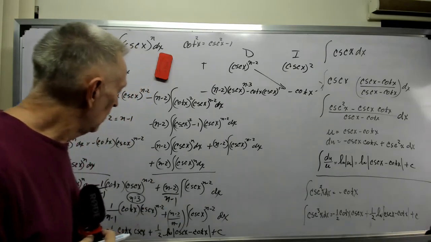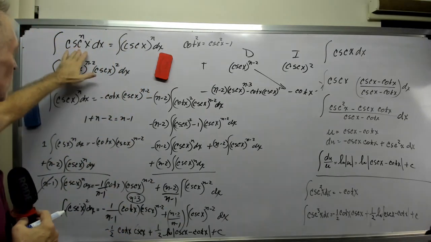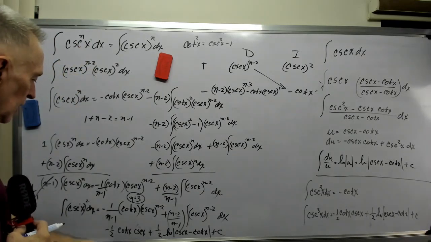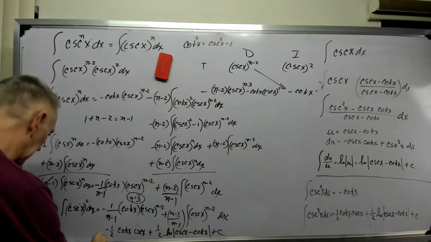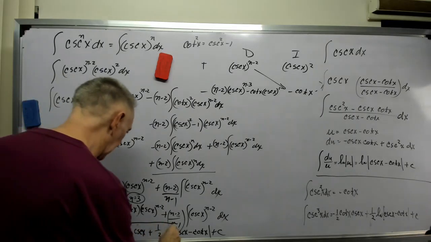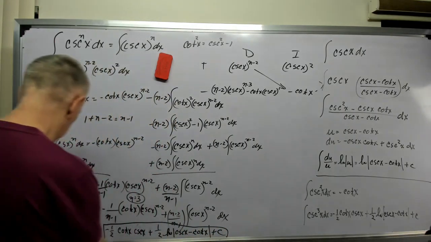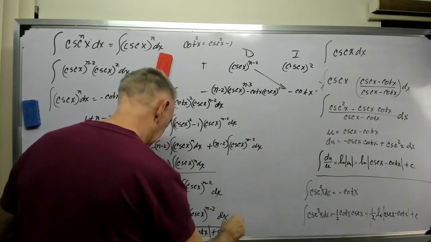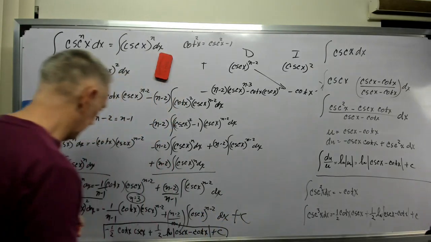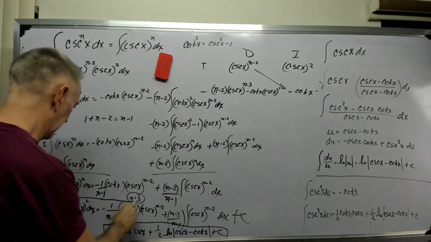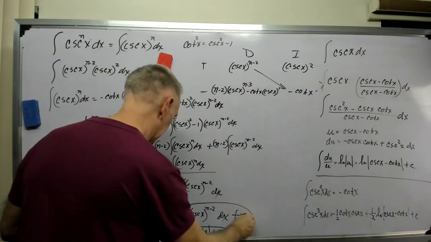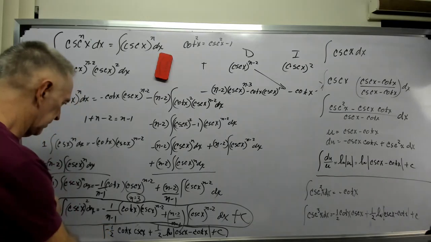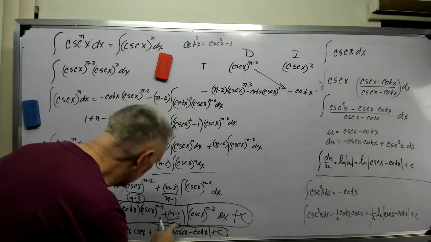So that formulation for the integral of cosecant to the n dx is correct. That would be it right there. Well, I guess the formulation is up above it, isn't it? Oh, plus c. Wow. All right, so that's it right here. That is terrible.